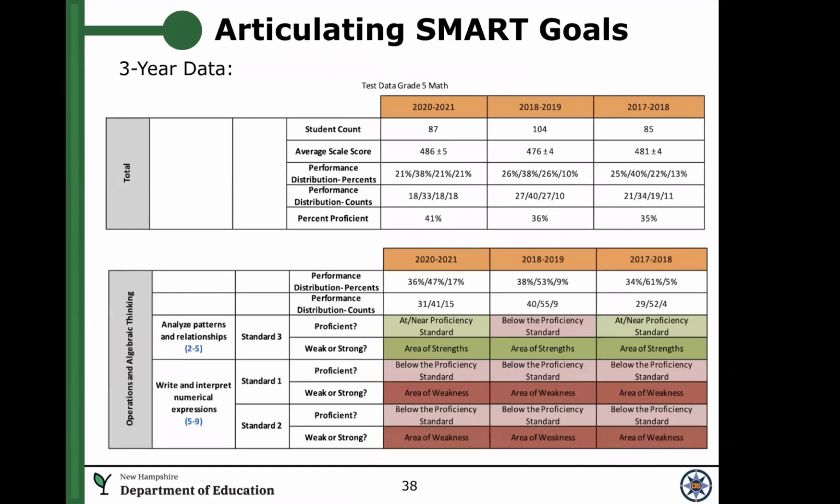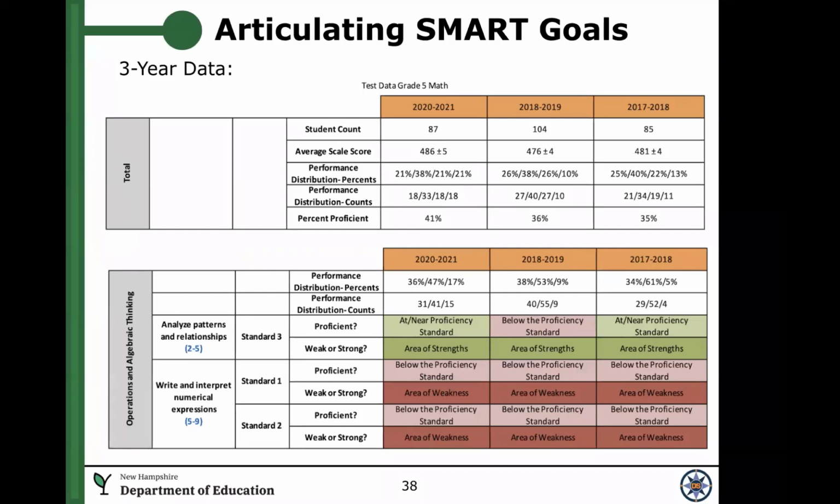I can also look at what we call historical data. We tend to use 3-year data. This happens to be New Hampshire SAS data, but maybe you're looking at New Hampshire SAS and NWEA, or you're looking at iReady, whatever you're looking at for historical data.